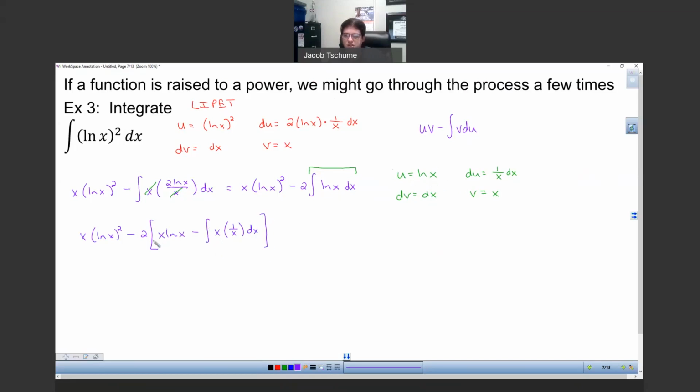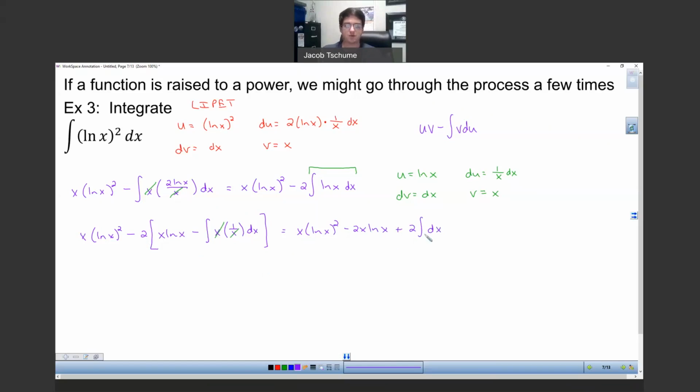And if I were to distribute this 2 and clean this up a little bit, you will end up with x times the ln of x, all squared, minus 2x times the ln of x. Now inside the integral, the x's cancel, but when you do a negative 2 times a negative integral, it becomes plus 2, and then you're just integrating the dx that's left over.